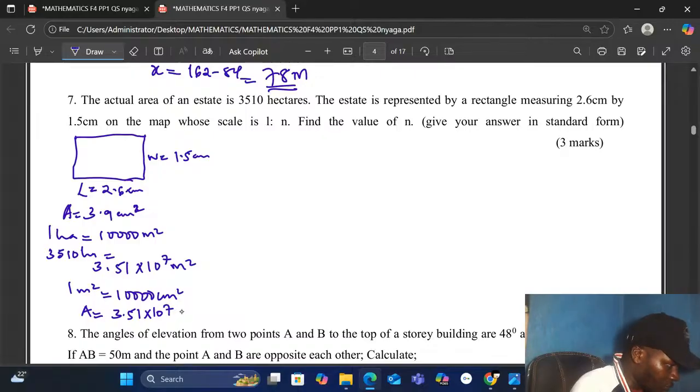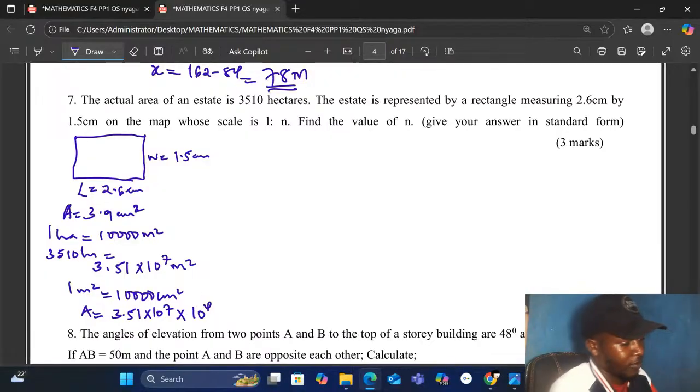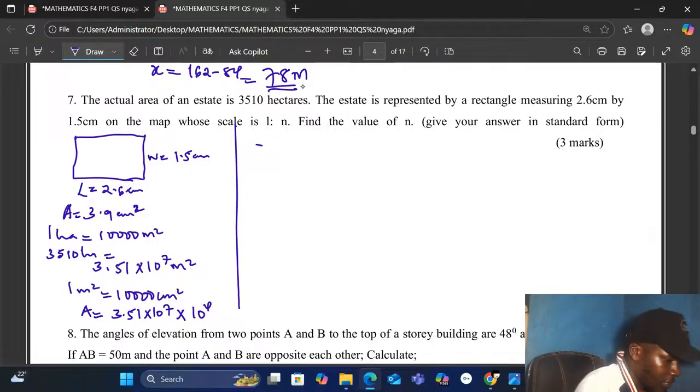Then we still multiply by 10 power 4, so that we have 3.51 times now 10 power 11. Now this is square centimeters.